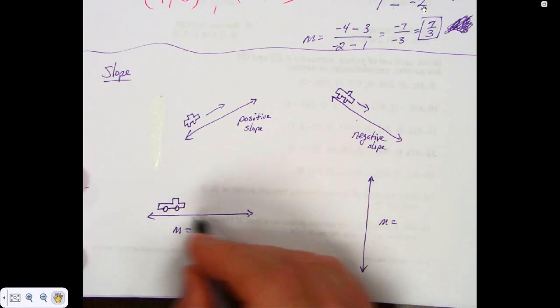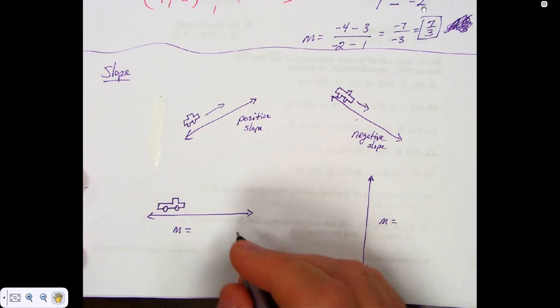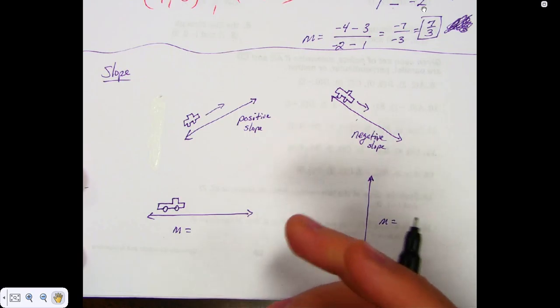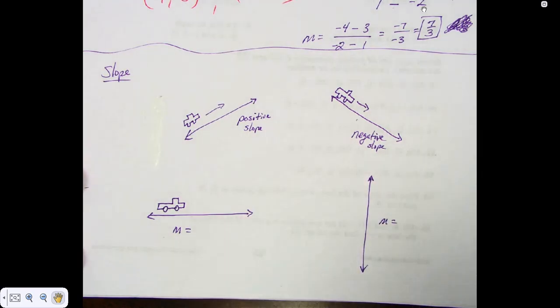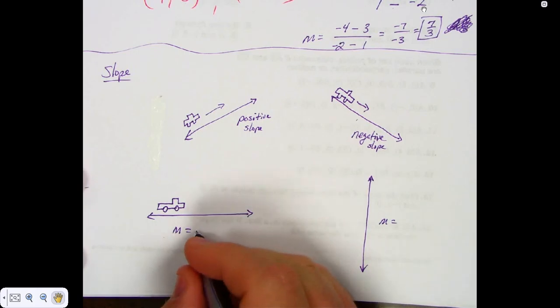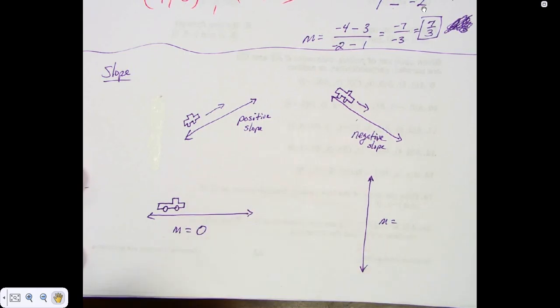If I was driving along this slope, would I be getting higher or lower? Zero. I wouldn't be getting any higher or lower, would I? So when you think of the word slope, you think of whether you're going downhill or uphill, right? So if you're not going uphill, it would make sense that here there basically is no slope, where the slope is what? 0.